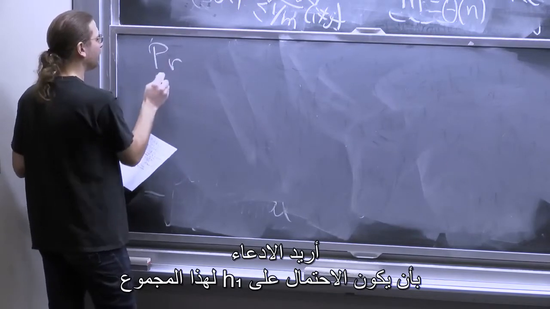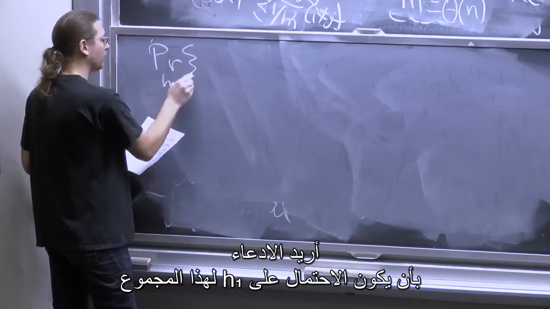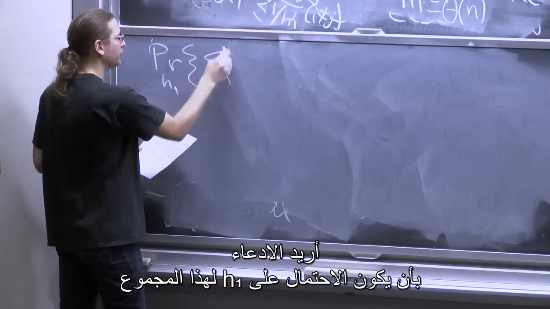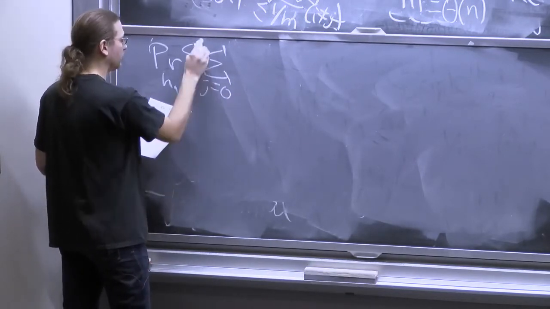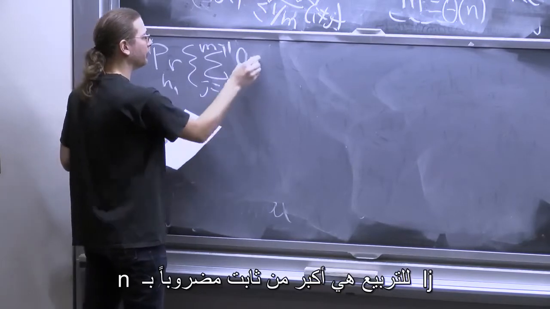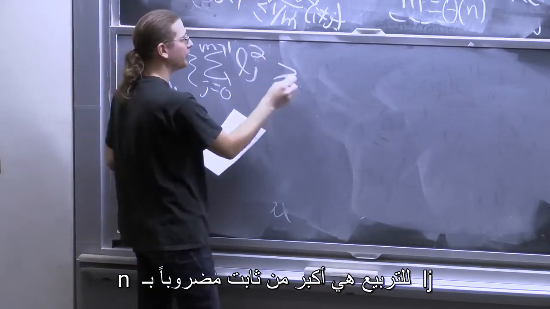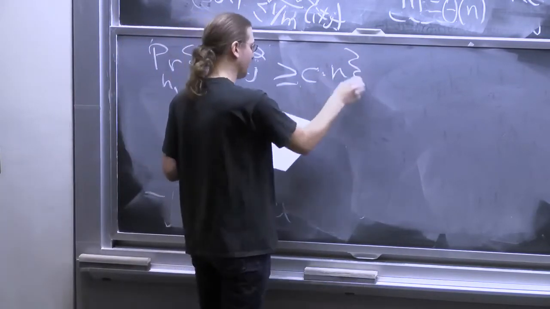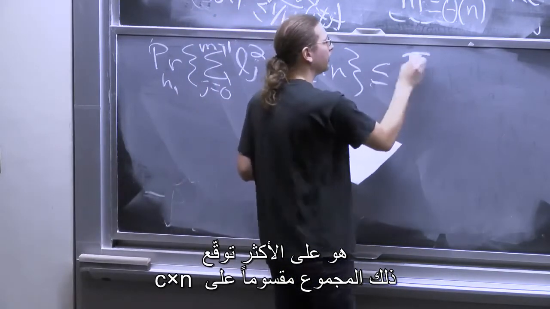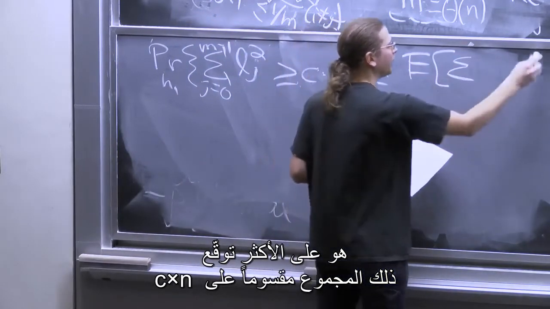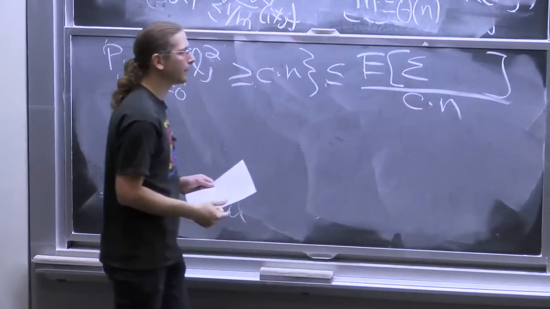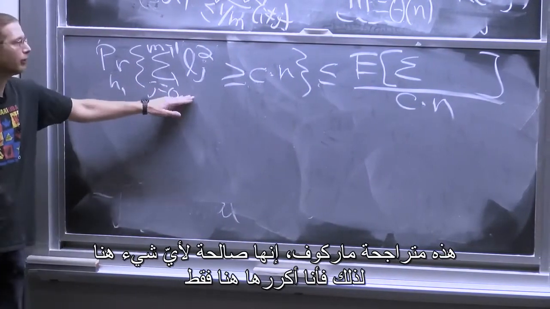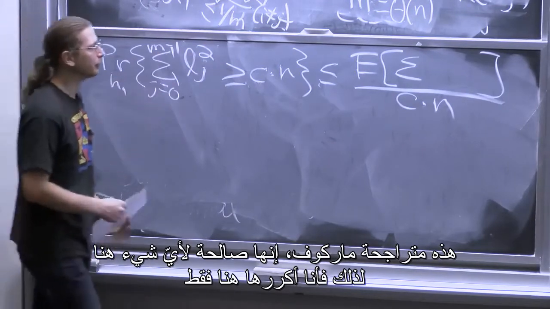So I want to claim that the probability of h1, of the sum of the Lj squareds, being bigger than some constant C times n, is at most the expectation of that thing divided by Cn. This is Markov's inequality, which holds for any such quantity.